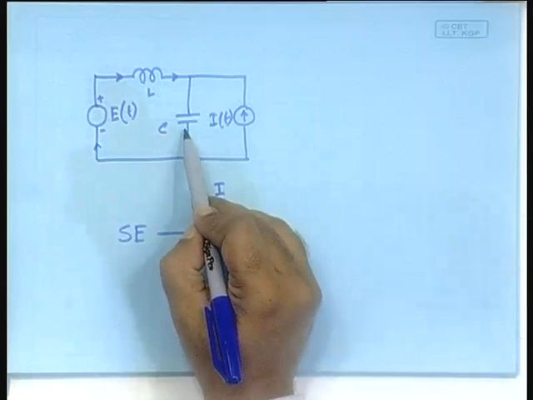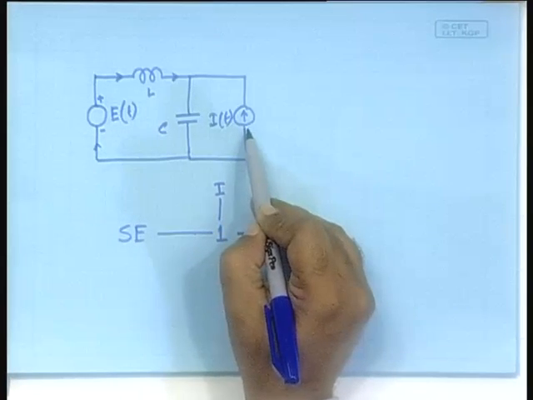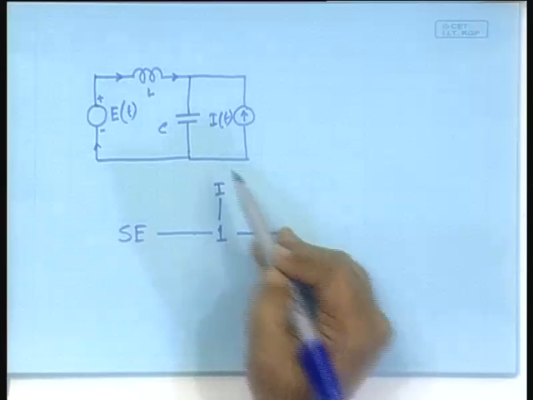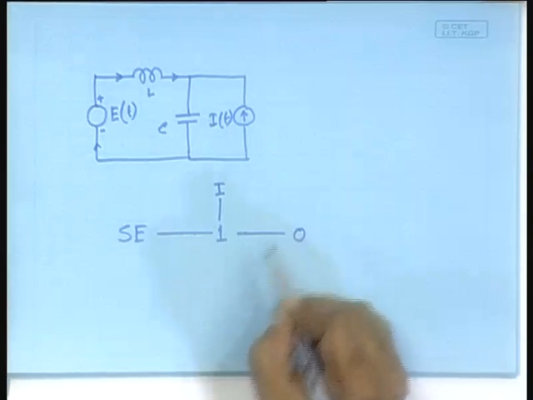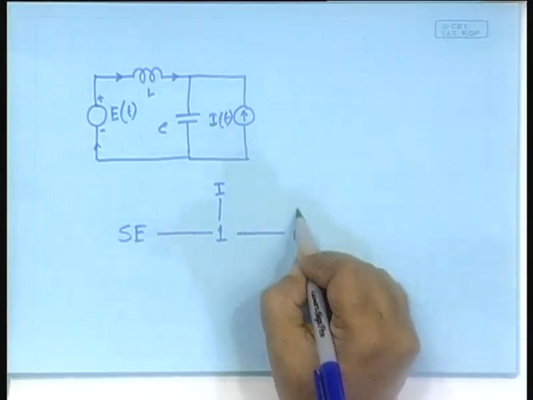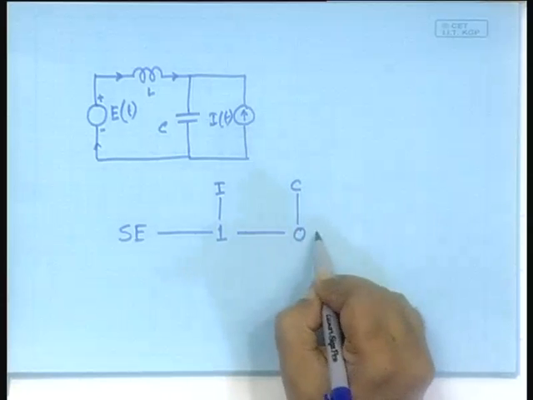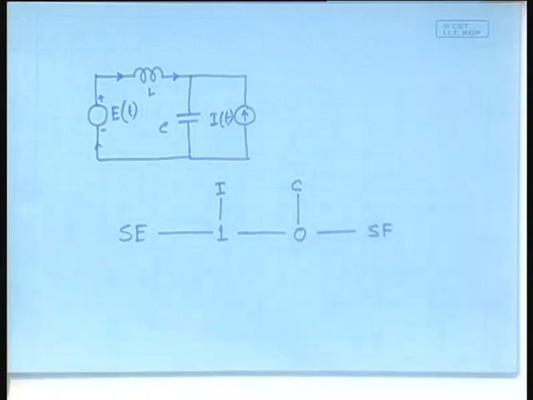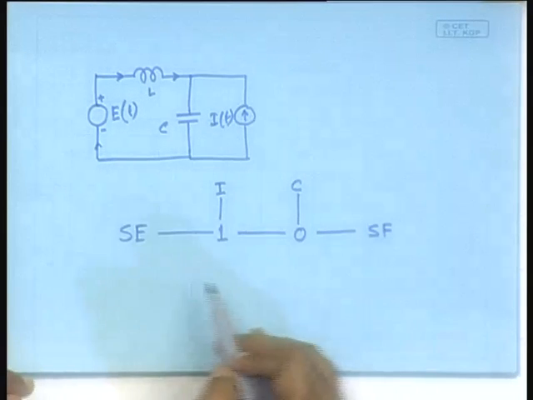But after this, what is it? It is the capacitor and the source of flow in parallel, which are sharing the same effort. So, they will be connected by a 0 junction, and what will be connected to it? C and SF. So, do you notice the argument?